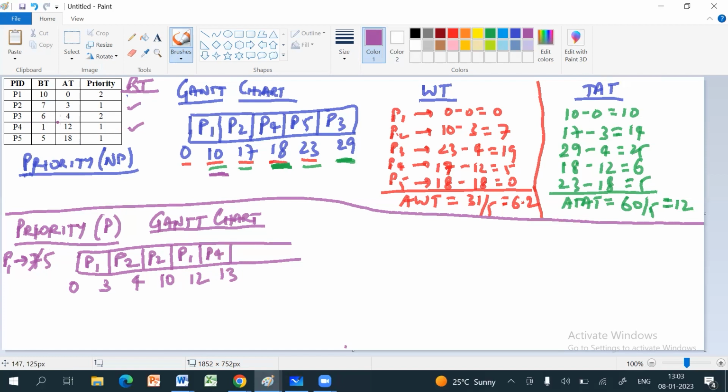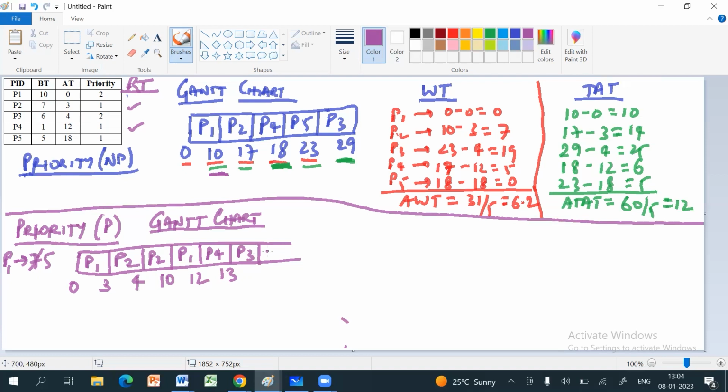P3 arrived at time 4, right? So P3 did arrive at 4, and P1 started and again went back into the waiting queue. So its arrival time in the wait queue is how much? 12. So the current arrival time is 12 into the wait queue, but P3 arrived at 4. So P3 will be given a chance here.